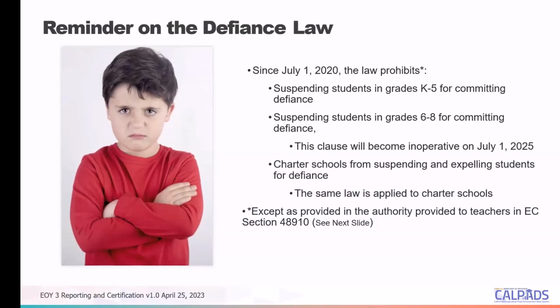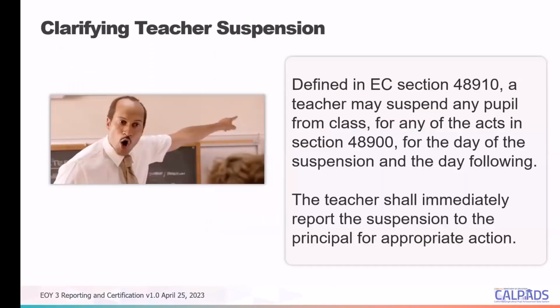You get a warning because you may have actually done this. We can't prevent you from doing this, but what we want to do is alert you that it's inappropriate because it's been defined in Ed Code. That means it's illegal. And if you have this, you can identify it in the report to make changes going forward. The one exception is 48910, and that defines what a teacher suspension is.